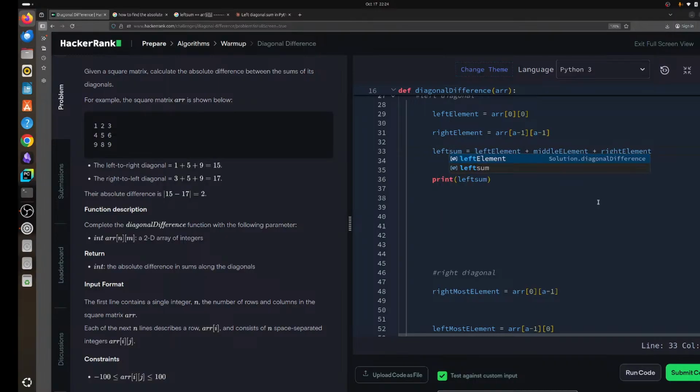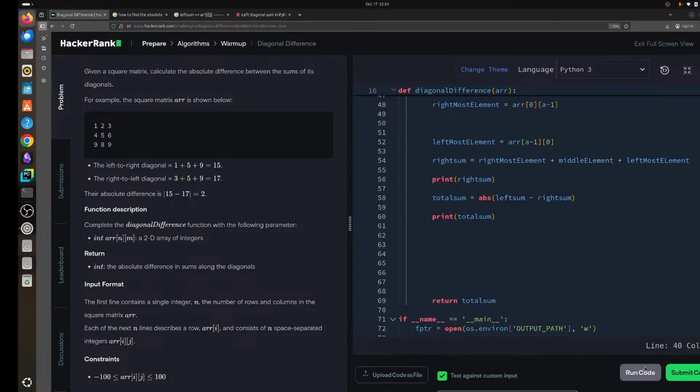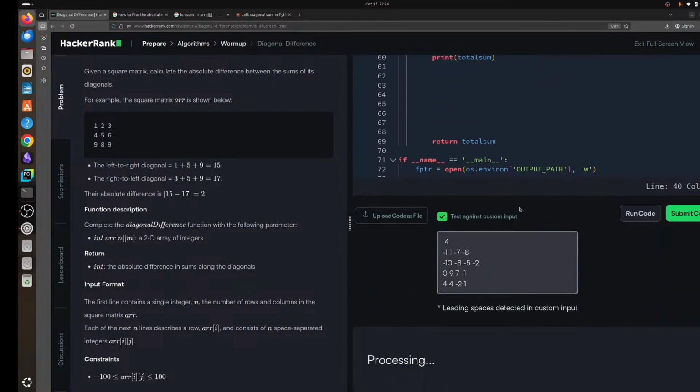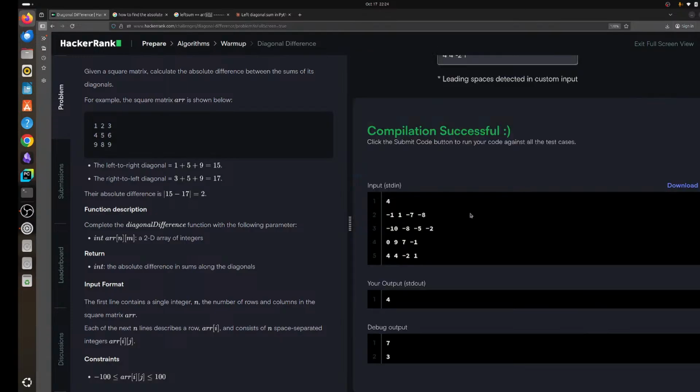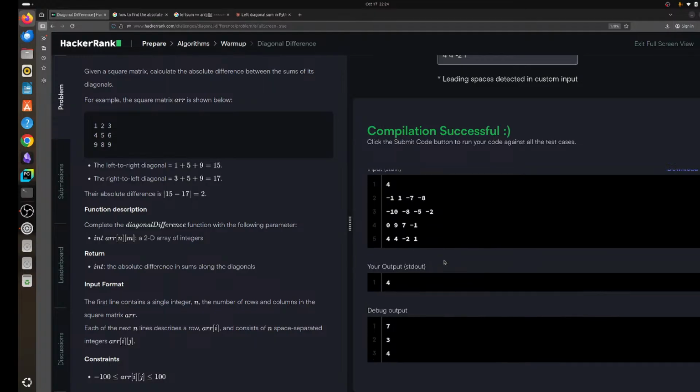Okay. Now run the code. Now the output is also the same, 4. Why?